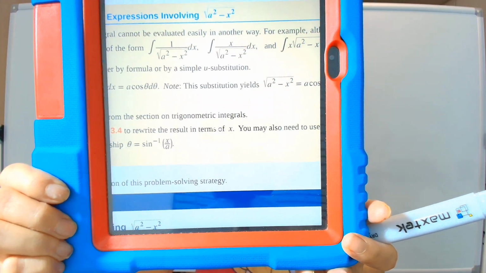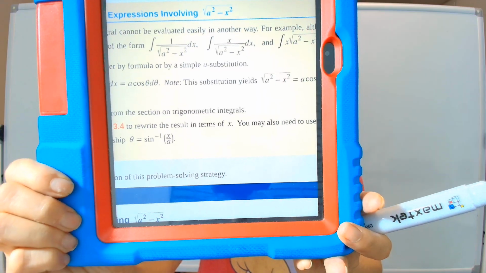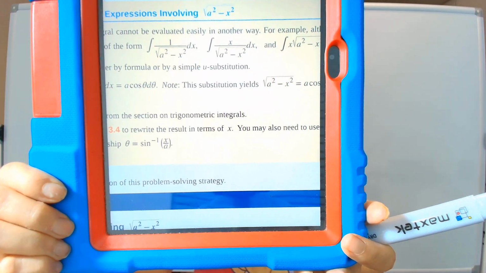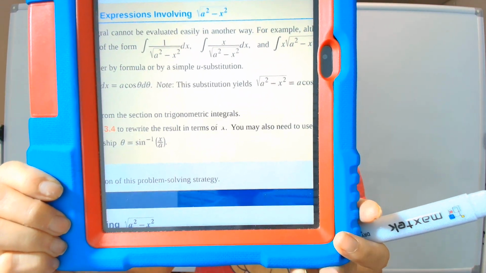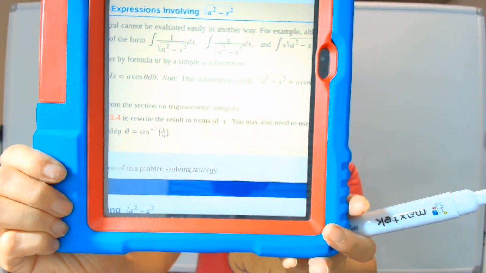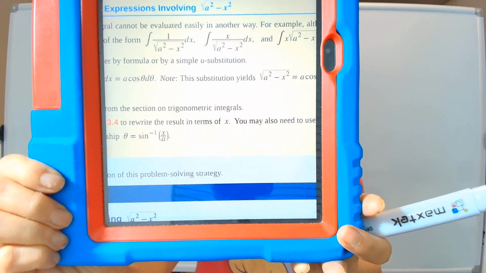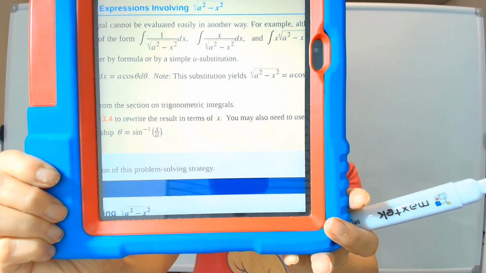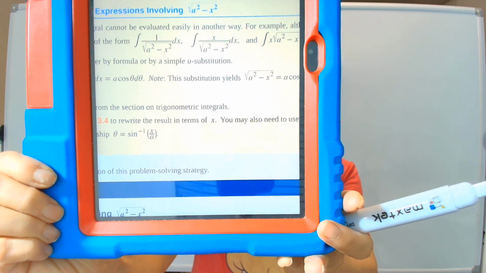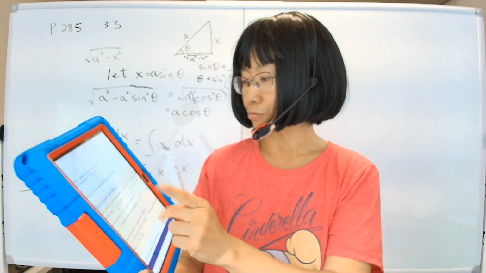And the next one, when you have x on top and the square root on the bottom, the x dx on top takes care of du. Then you can just do a substitution of u equal to a squared minus x squared. It's the same with the last one too.